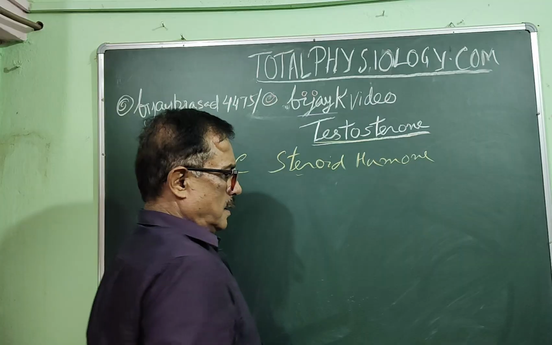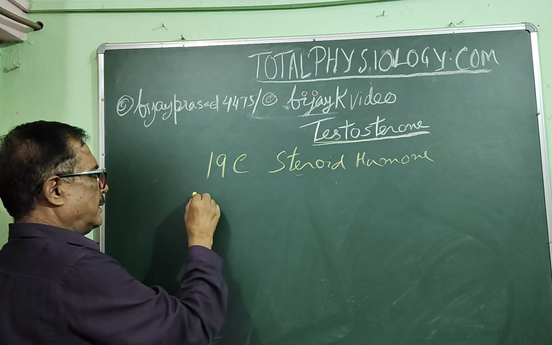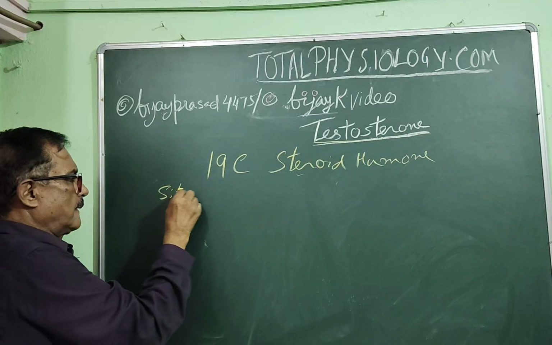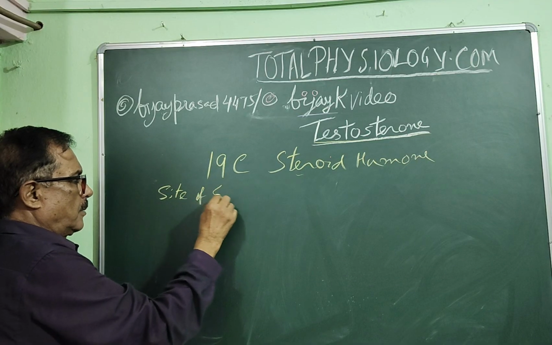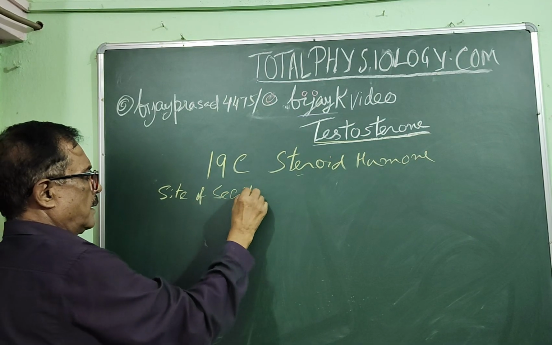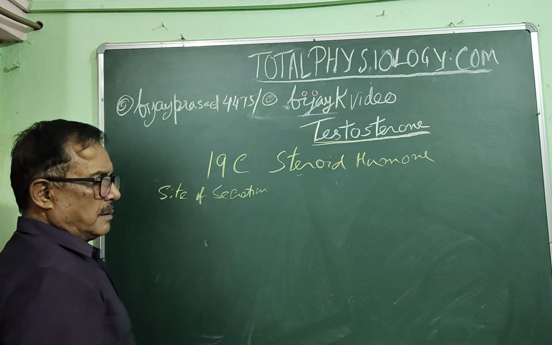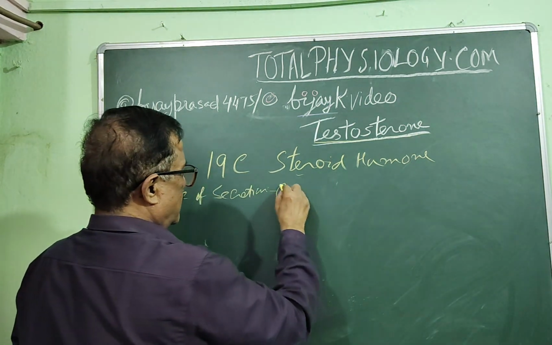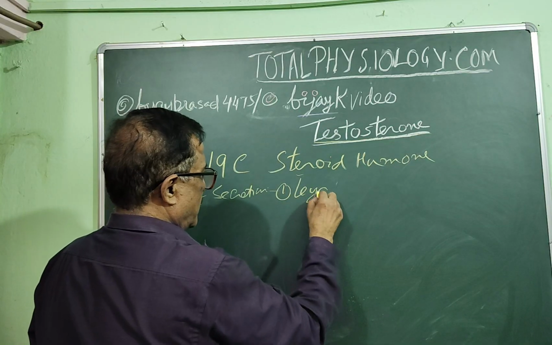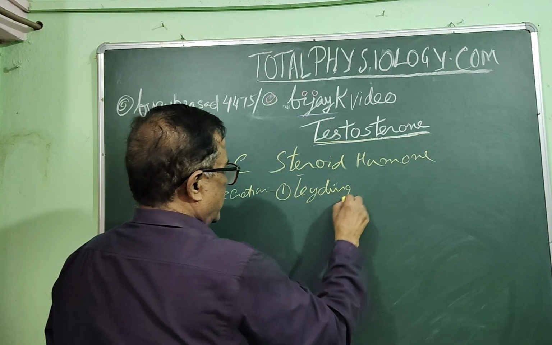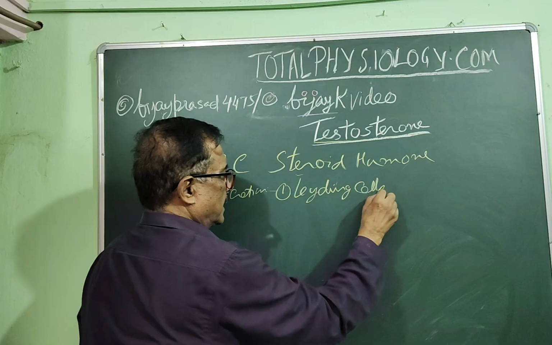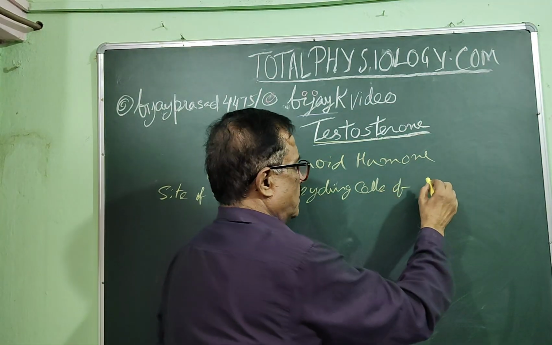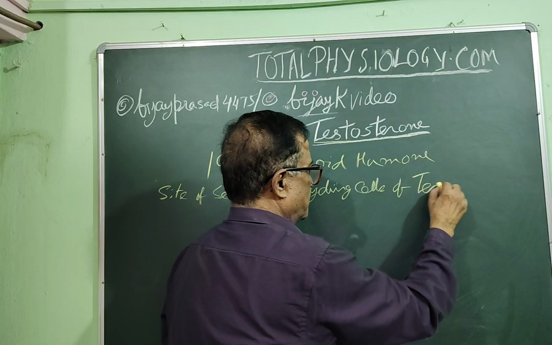Now, from where it is secreted: the site of secretion. It is mainly secreted from Leydig cells, or interstitial cells, of the testis.